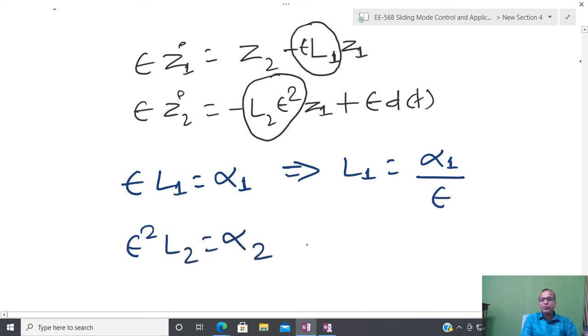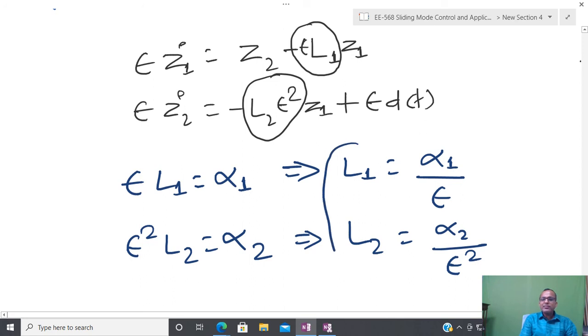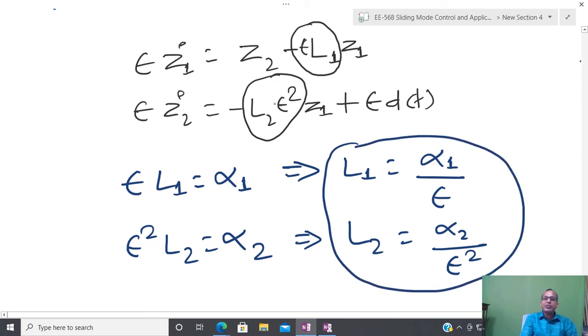If you select alpha 2, then you are able to see that L2 is nothing but alpha 2 by epsilon squared. So in this way, if I do this selection, then alpha 1 and alpha 2 are some kind of finite numbers, because then only you are able to show the convergence. Due to that reason, I am going to select this.